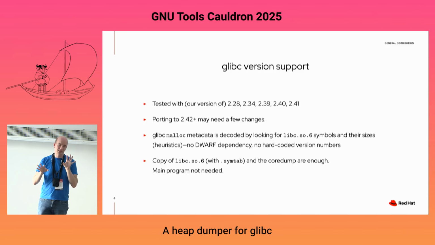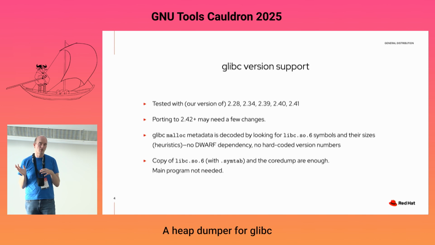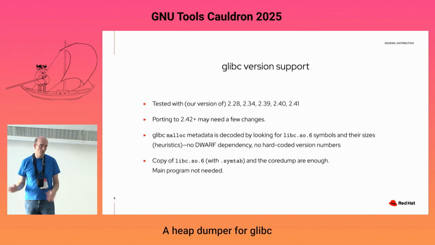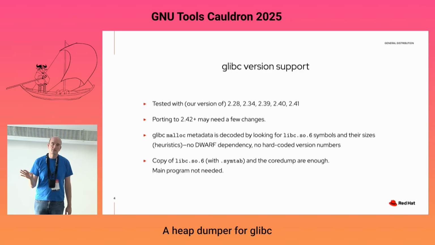So we don't do any DWARF parsing. That is advantageous because you don't need the full debug info, but we also don't have hard-coded version numbers, so it works across a range of versions, and across different versions of our downstream builds that have different feature backports from upstream.